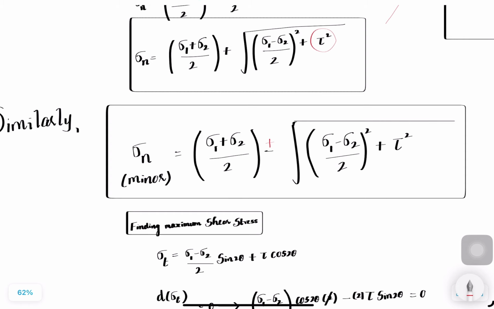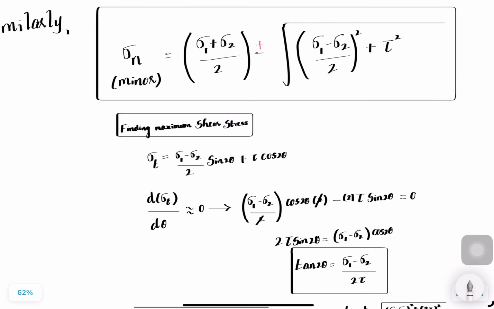Okay. So how do you find the maximum shear stress? The place where the shear stress becomes maximum, following the concept of maxima and minima, is found by differentiating sigma t with respect to theta and equating it to 0.